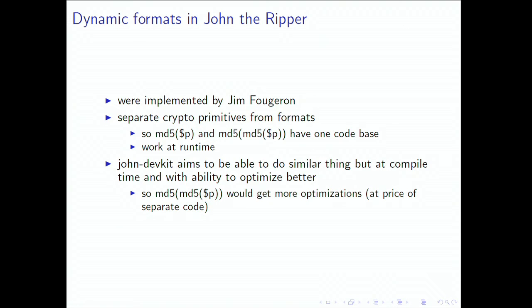John DevKit intends to do the same during compilation, getting more of the code, but with the possibility to optimize. If we calculate MD5 of MD5, for the second MD5 we always know the length, because the result of the first MD5 always has a fixed length.